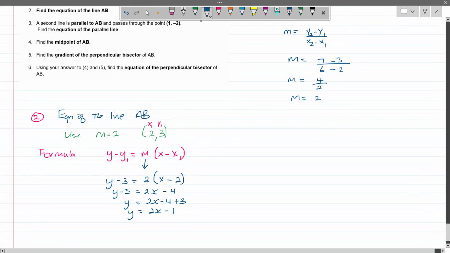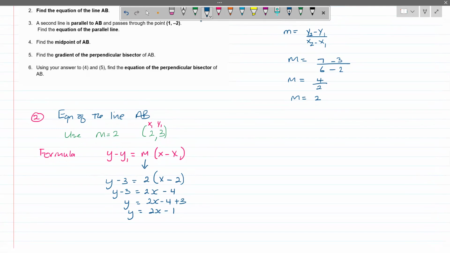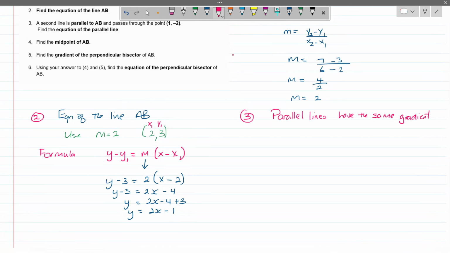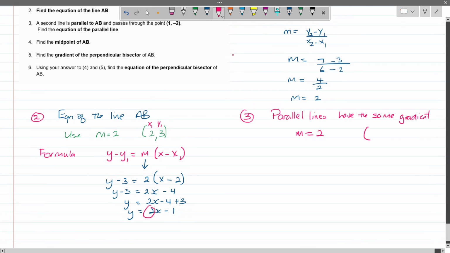Part 3, a second line passes through a point and is parallel to AB. Parallel lines have the same gradient. The gradient we're using is going to be 2. The point we're going to use is (1, -2). That's going to supply x1, y1.